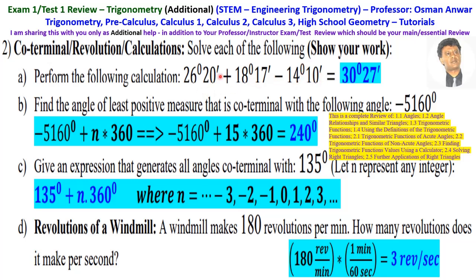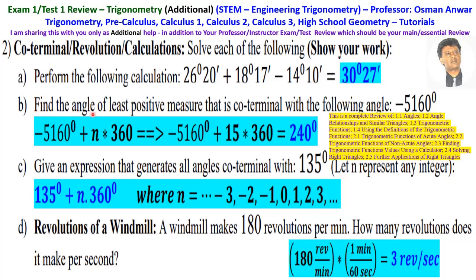So 20 minutes plus 17 minutes is 37 minutes. 37 minutes minus 10 minutes is 27 minutes. 26 degrees plus 18 degrees is 44 degrees. 44 degrees minus 14 degrees is 30 degrees. So this is 30 degrees and 27 minutes.